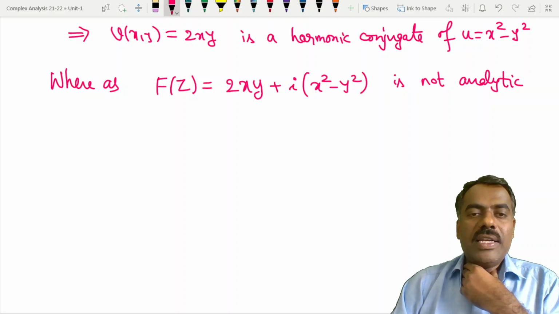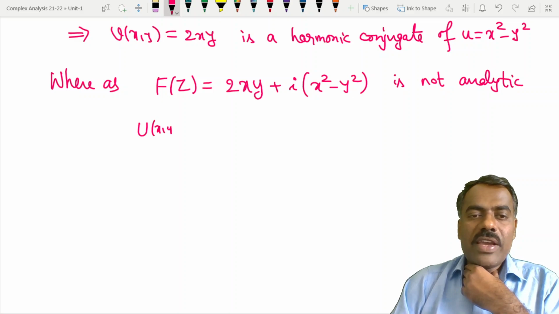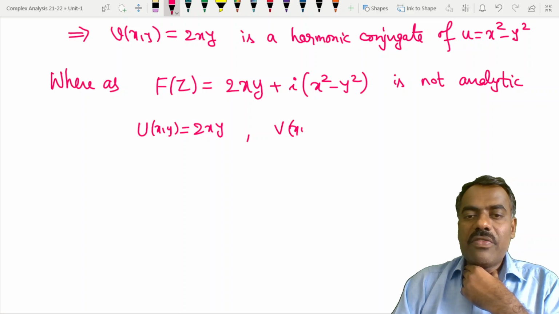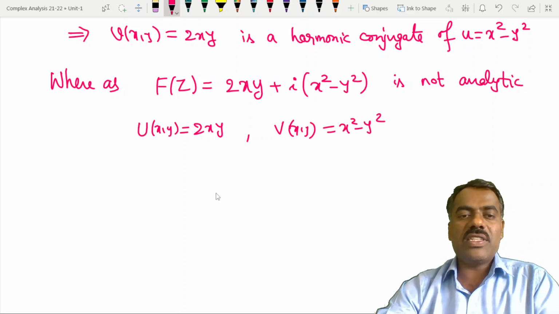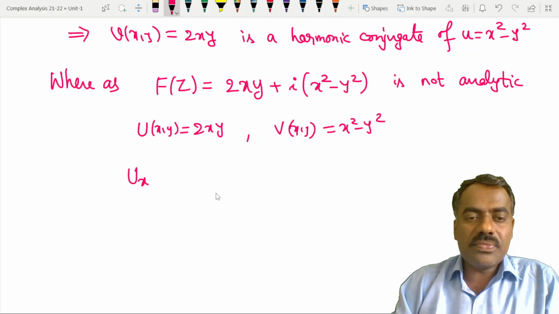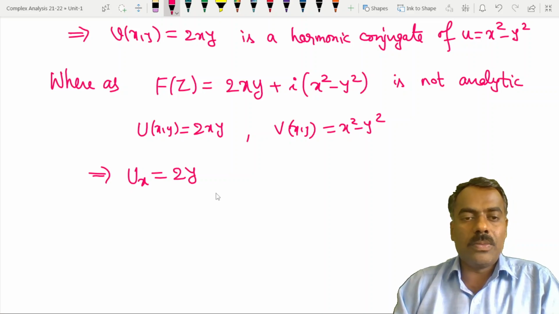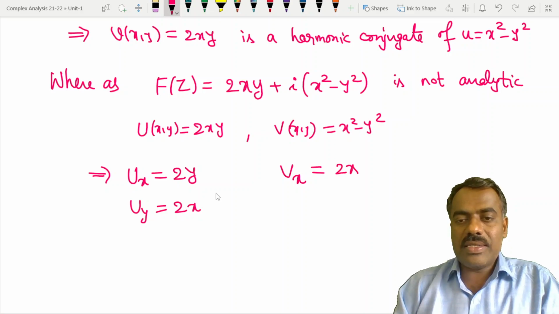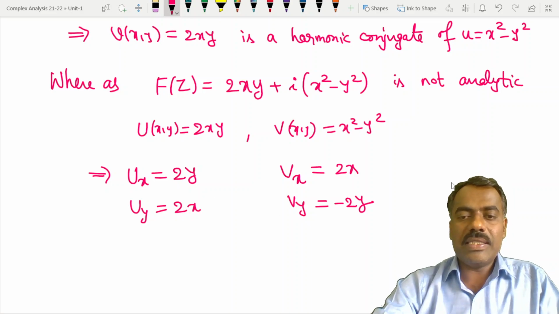For this, if you call capital U(x,y) = 2xy, and v(x,y) = x² − y². Then what are the CR equations? Ux is 2y, right? Yes or no? And uy is 2x. Similarly vx is 2x and vy is −2y, right?